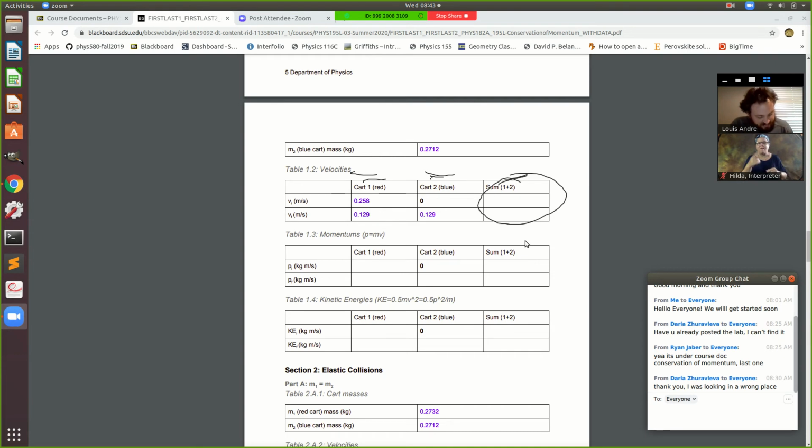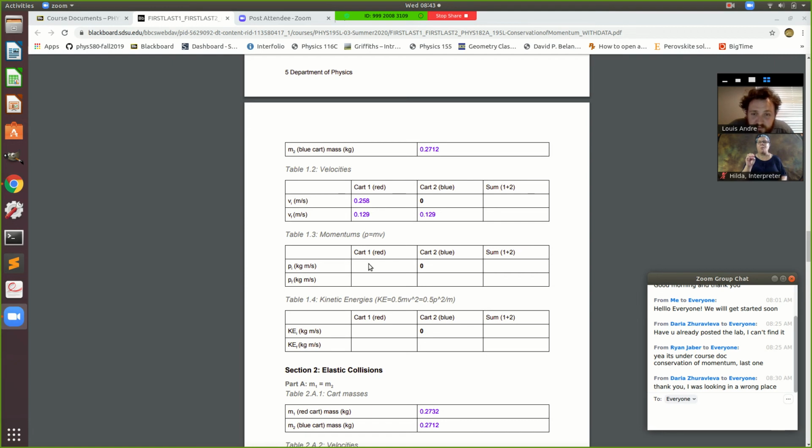That's so that you can get a total velocity in the first frame and a total velocity in the second frame. This is how we're going to see whether or not something's conserved. You can see that we're going to have total momentum and kinetic energy too. How do I find momentum?